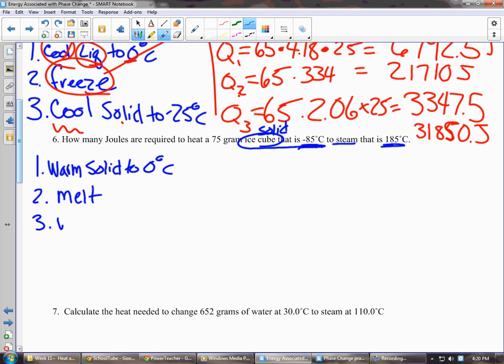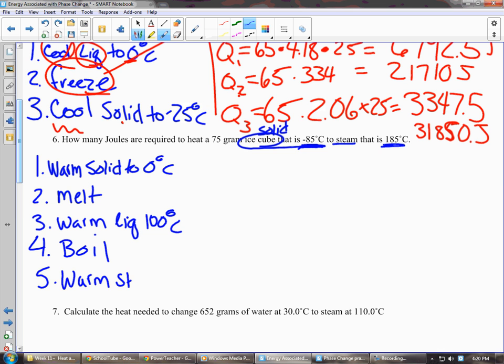3. Now I'm a liquid, I'm going to warm my liquid to 100 degrees so that I can boil. And then number 5, I'm going to warm my steam. I might want to write gas. Warm my gas to final number of 185 degrees Celsius.